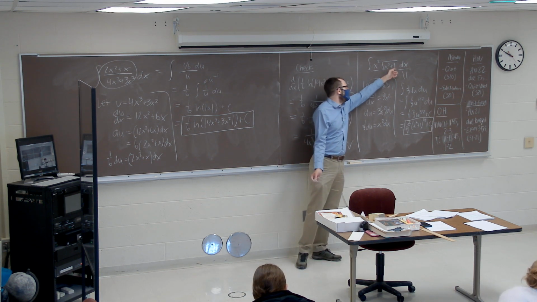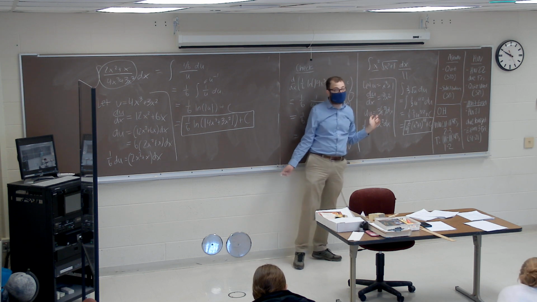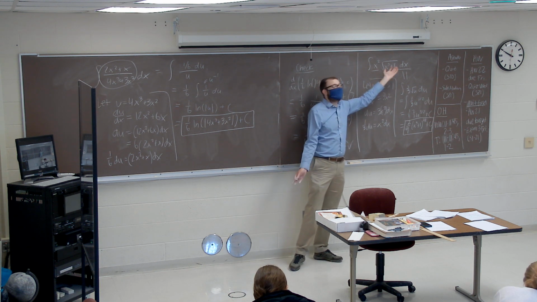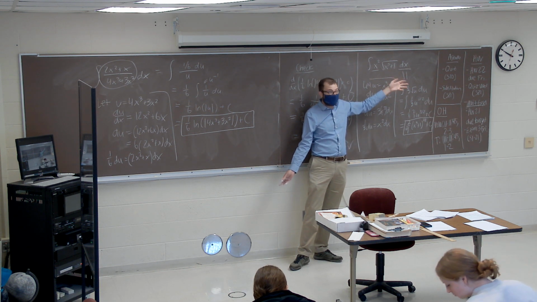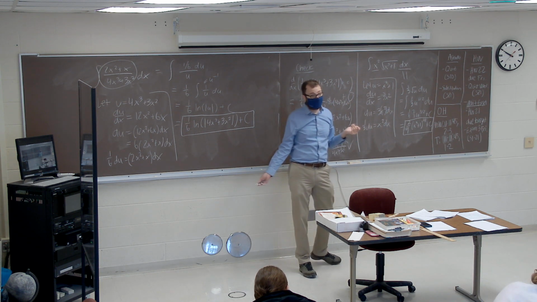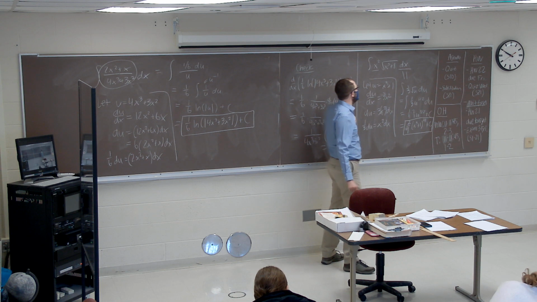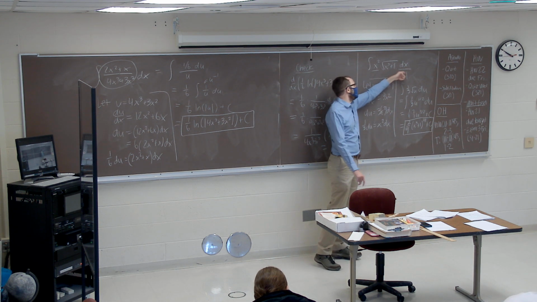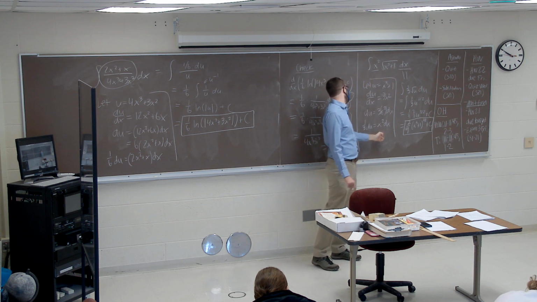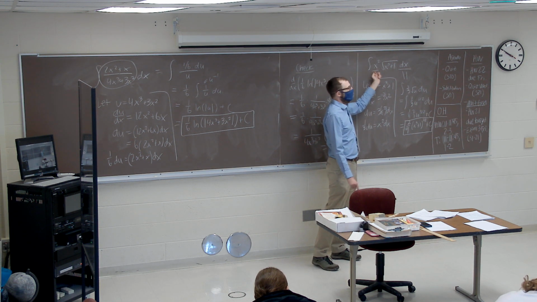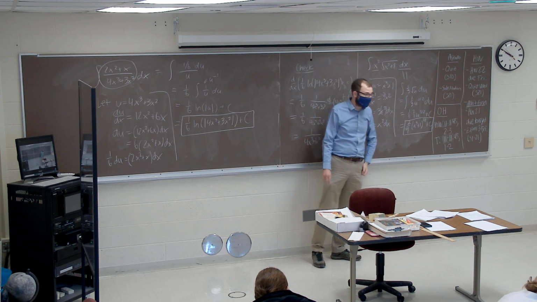In this case, x cubed plus 1 appears inside of the integral, such that if we were to differentiate it, it would give us basically everything else inside the integral, or at least a constant multiple of everything else inside the integral. In this case, x cubed plus 1, if we differentiated, gave us everything outside of the square root, and then we just needed to multiply by 1/3 to account for the fact that we only have x squared dx rather than 3x squared dx.